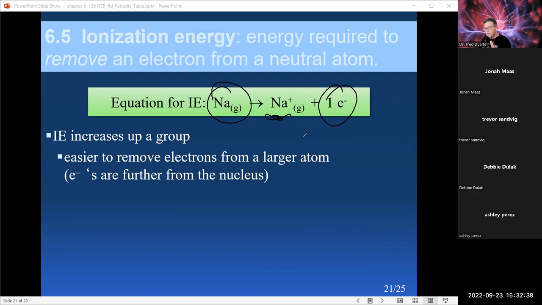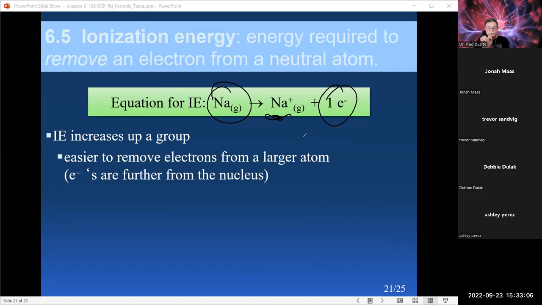Now, think about what we've been talking about. Metals want to give up electrons, non-metals want to gain electrons. So that would suggest that metals easily give up their electrons, as compared to non-metals, which hold their electrons on very tightly, because if you go from left to right on the periodic table, the number of protons increases, the number of electrons increases, and that nuclear force increases.